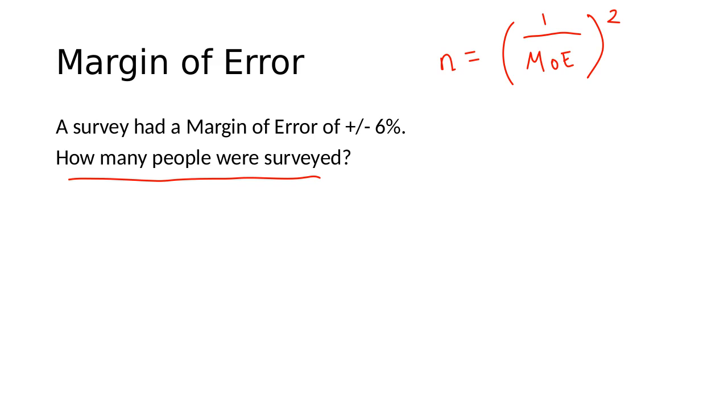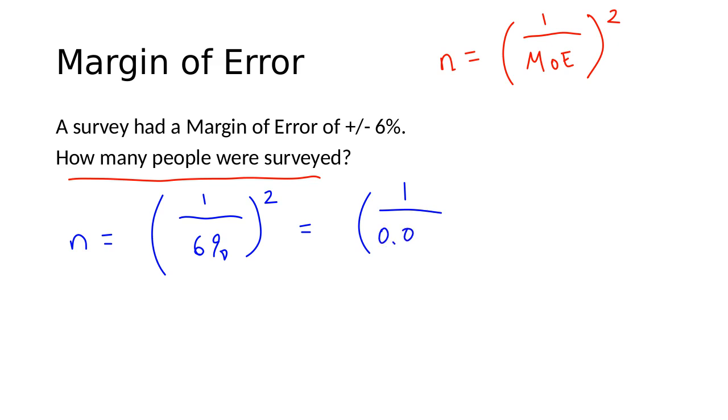And so what we'll do is we'll put this into our formula, and we'll have the number of people surveyed is 1 over the margin of error, which is 6%, squared. We're going to convert that to a decimal. So that's going to be 1 over 0.06 squared.